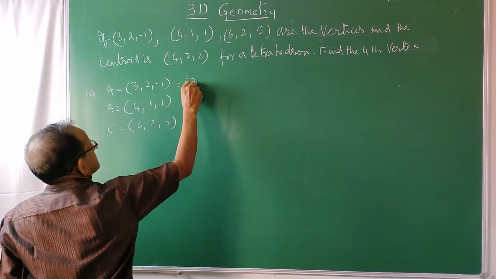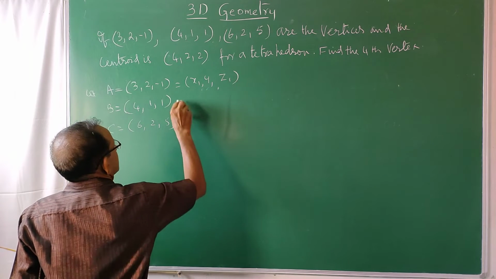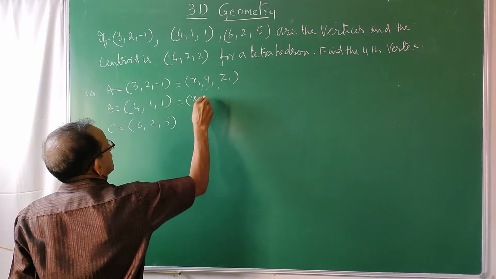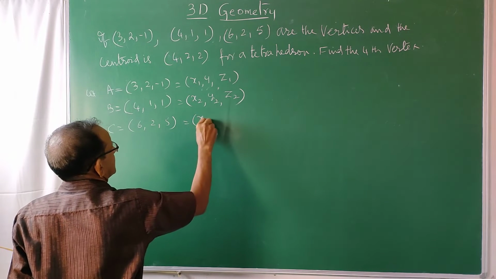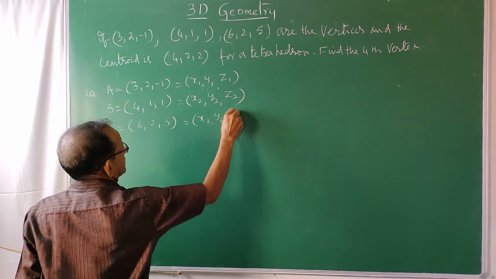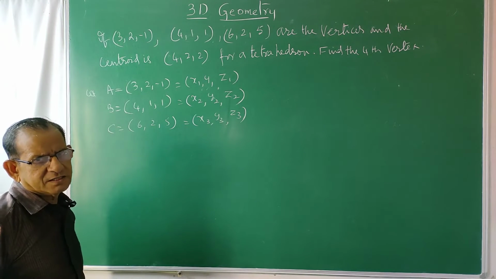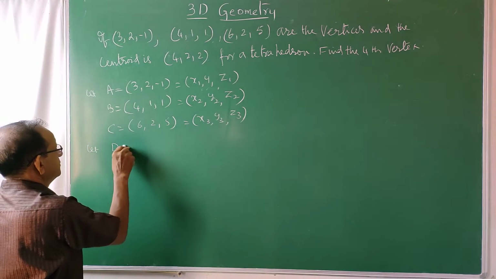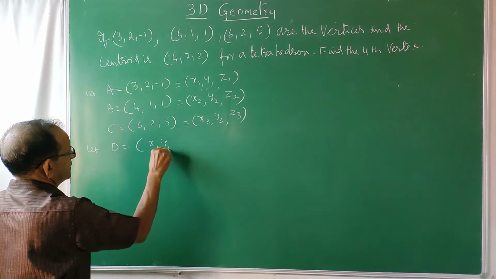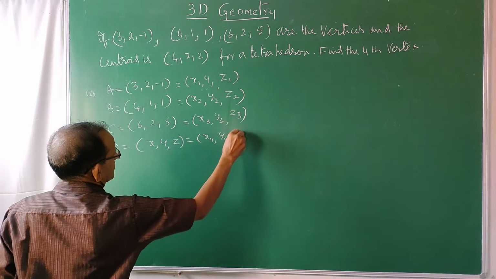This is x1, y1, z1. This is x2, y2, z2, and this is x3, y3, z3. We have to take the 4th point as x4 or xyz also you can take. Let D is equal to x, y, z is equal to x4, y4, z4.